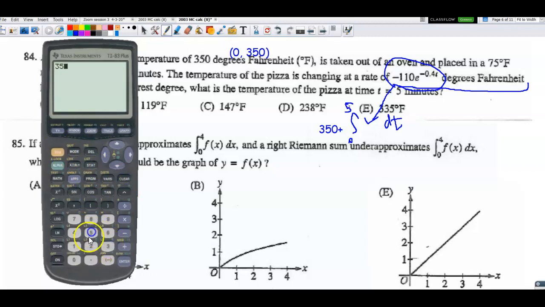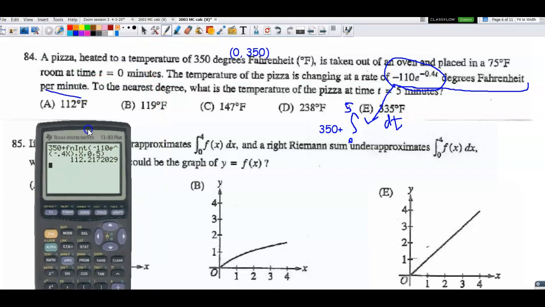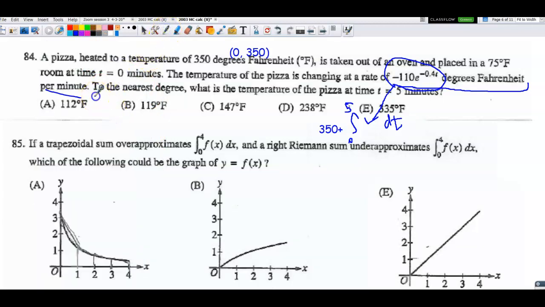So we're going to have 350 plus math 9 of negative 110 e to the negative, be careful here, 0.4 x close in terms of x, comma, from 0 to 5, close, enter, and the pizza is 112 to the nearest degree, 112 degrees Fahrenheit, which is letter A.